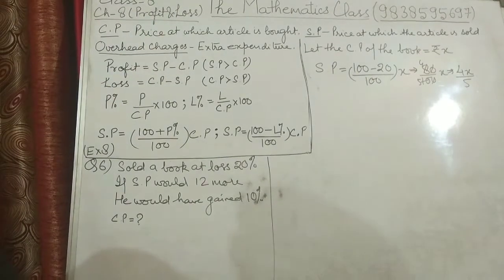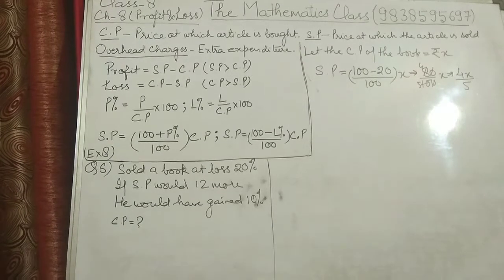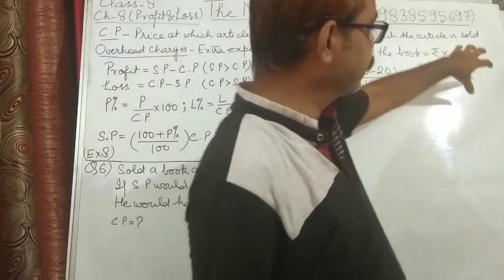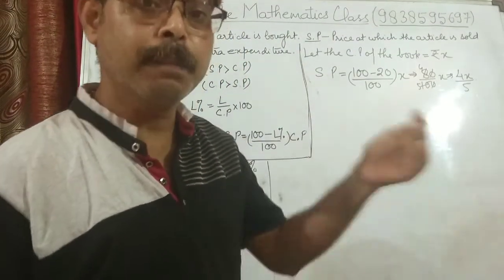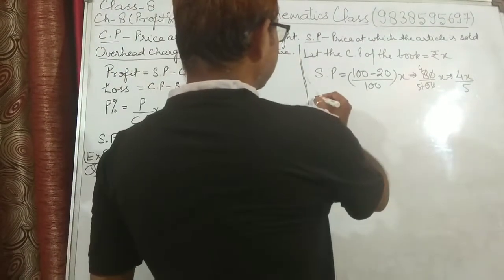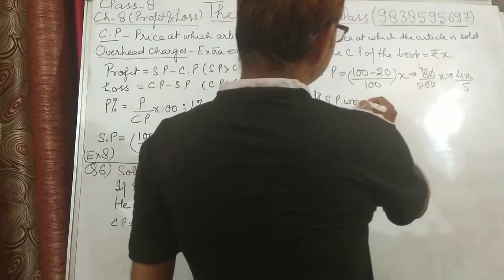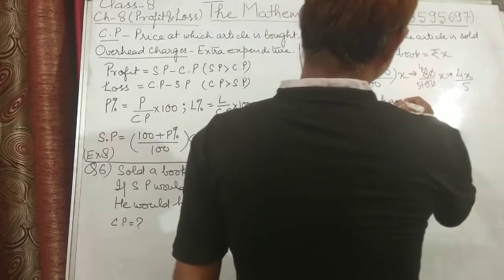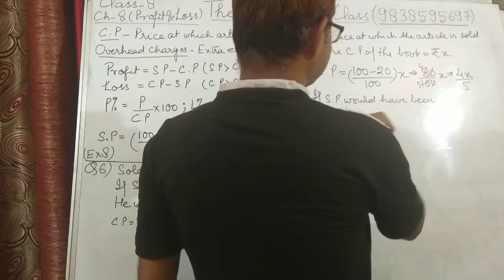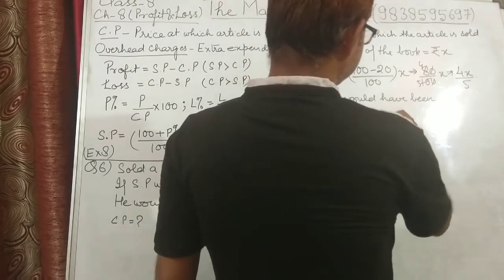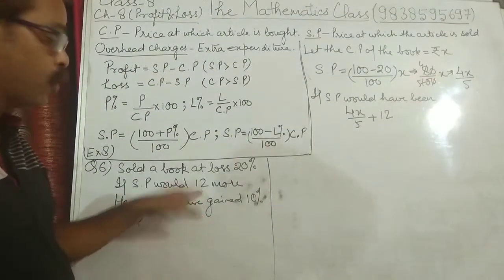Right? Now they say if the selling price would have been 12 more, 12 more means plus 12. So another condition, the selling price would have been 4X upon 5 plus 12 rupees.